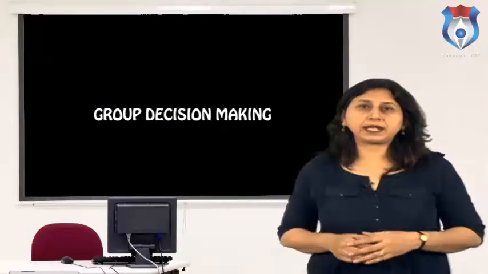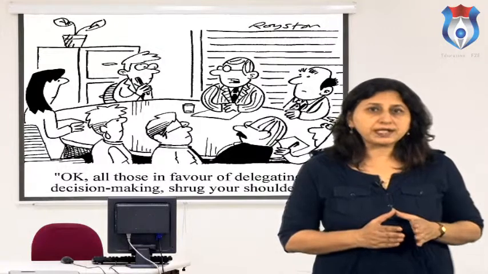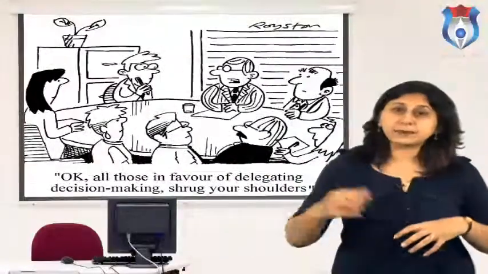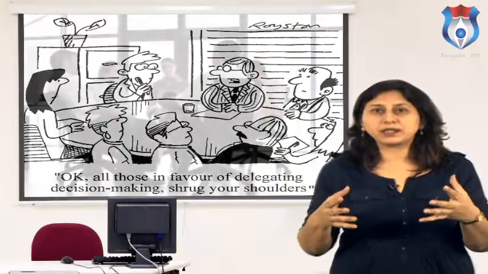Group decision making. Group decisions have strengths as they bring together the experience and expertise of several individuals. Groups generate more complete information and knowledge. In addition to more information, groups introduce heterogeneity to the decision-making process.